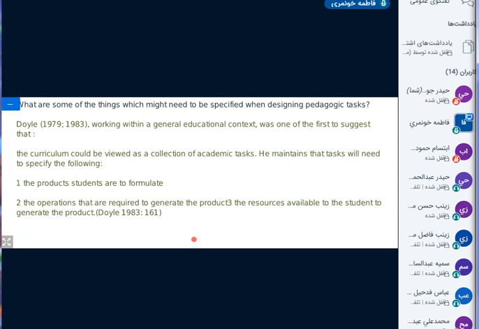And the second one is related to the operations that are required to generate this product, what resources are available to the student, and what constraints students might encounter. So first the product itself, what it is that you expect students to produce, and what resources are available to the students, what operations are required in order to generate this product. When you design pedagogic tasks, you need to take these two into consideration.